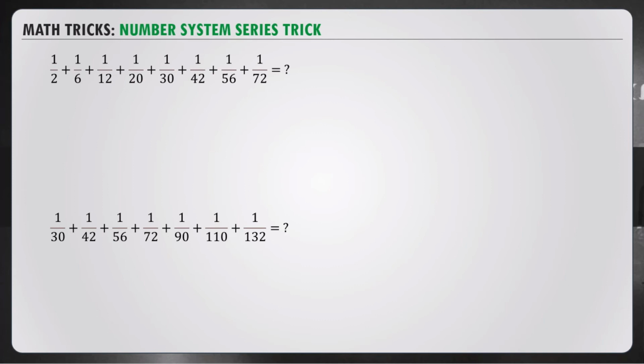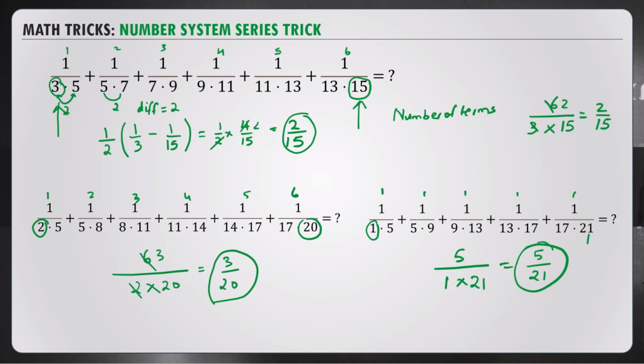Now here, just looking at numbers, you can see here that they form a sequence like 1 into 2, 2 into 3, 3 into 4, 4 into 5, 5 into 6, 6 into 7, 7 into 8, and 8 into 9. You can see they form a sequence just like in the previous question.